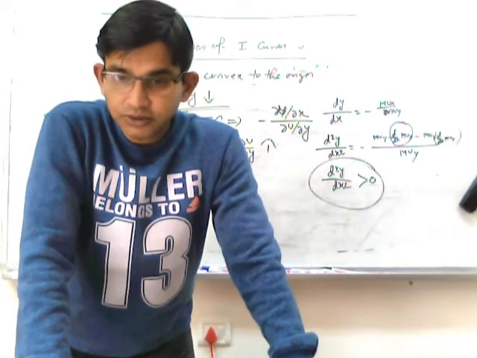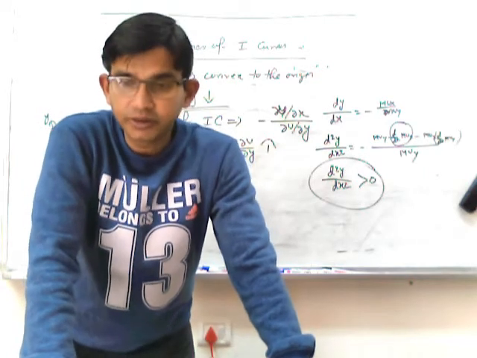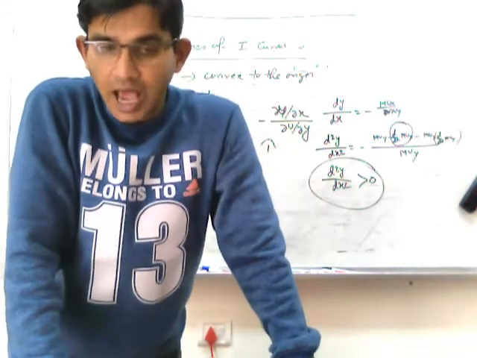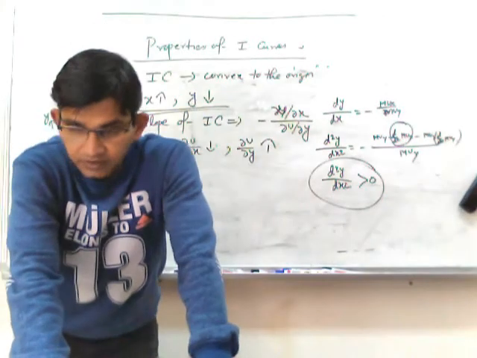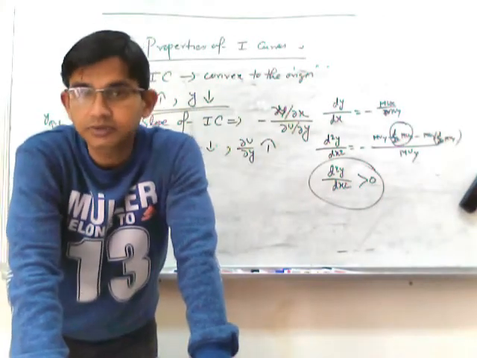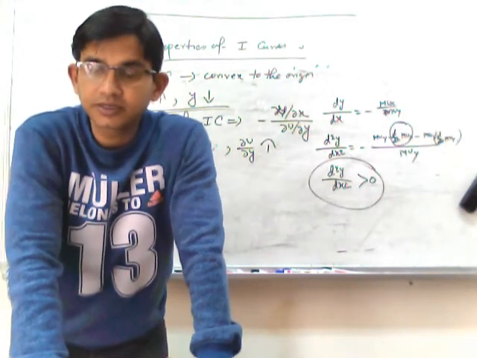That's why there is substitutability between two commodities, and one commodity can be replaced by another. So whenever we are increasing the consumption of x, we are reducing the consumption of y.